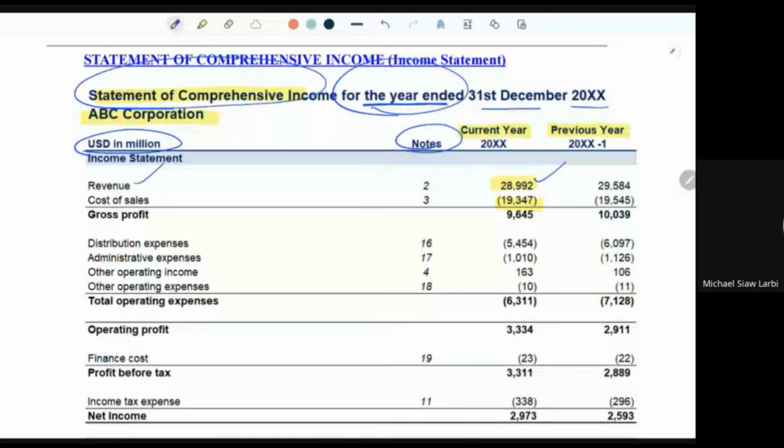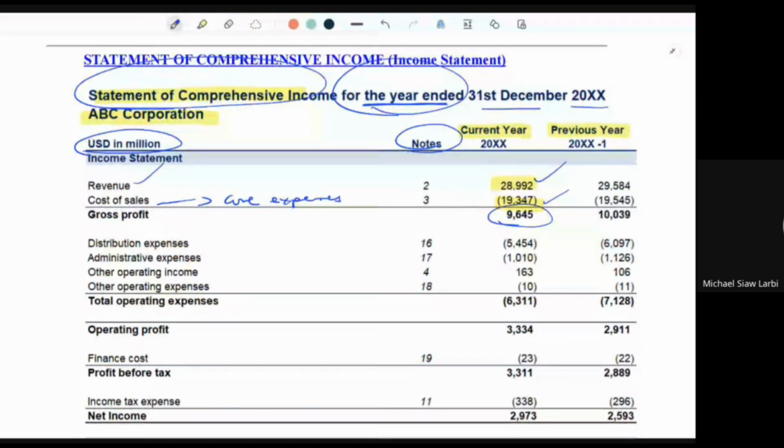It cost you 19.34 to get those things you sold if you are into goods, and you made a gross profit of 9.6. Your gross profit is before you deduct any other expenses. Cost of sales is your core expenses. I won't bore you with the details. If you go into the notes, you see your opening inventory, you add your purchases, you less your closing inventory. There may be some cost attributed to cost of sales, but no, we are beginners. So let me not go there.